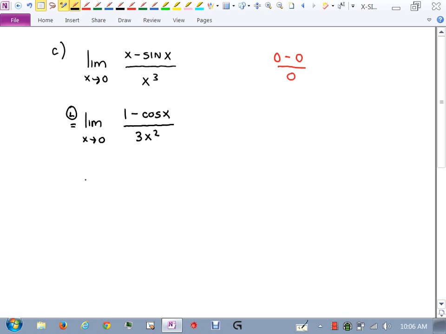That is still 0 over 0, because 1 minus cosine of 0 is 0, over 3 times 0 is 0. So you get 0 over 0 still. So you can apply L'Hopital.